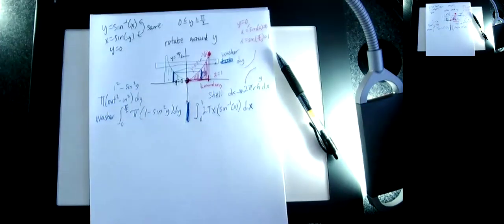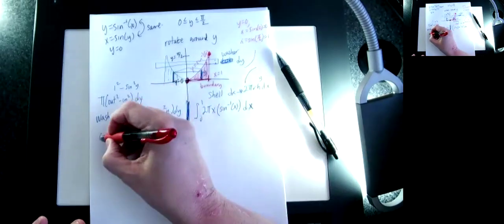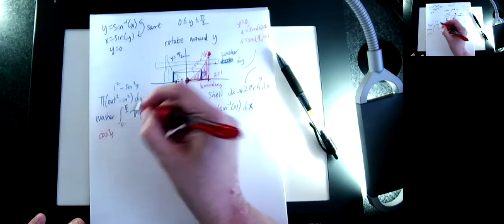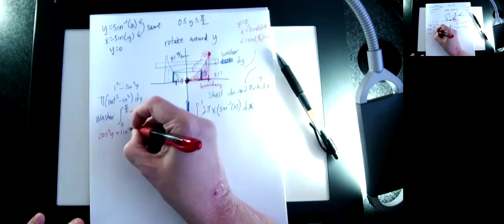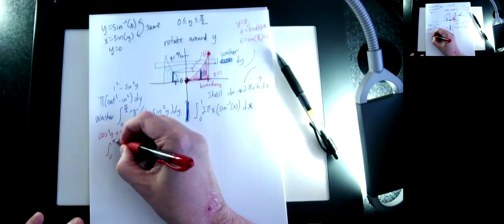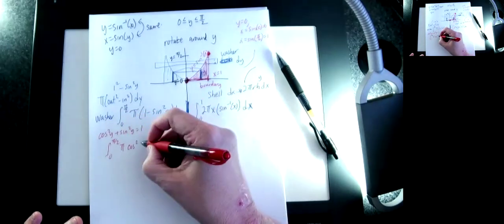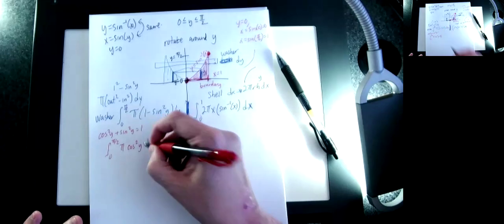One of these is a lot easier to do than the other. Going off of cosine squared y plus sine squared y equals 1, this is just the integral from 0 to pi over 2 of pi cosine squared y dy.